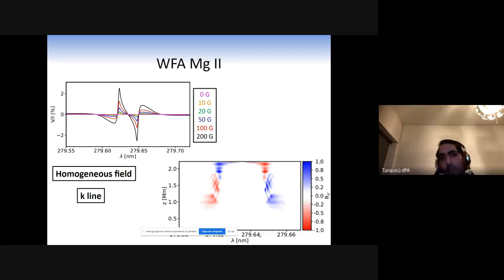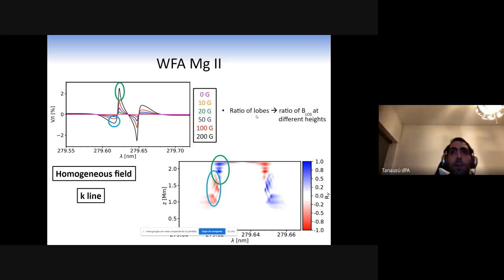What we can see here is that for the wavelengths of these two peaks, the region of sensitivity is the top part of the model, around 2 megameters. This corresponds to the upper chromosphere just below the transition region of the model considered. And for the wavelength of the outer lobes, we get a much wider region of sensitivity, around 1,400 kilometers. That corresponds to the middle chromosphere of the atmospheric model.